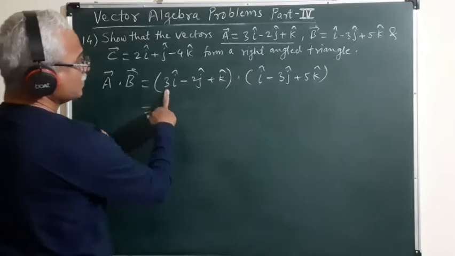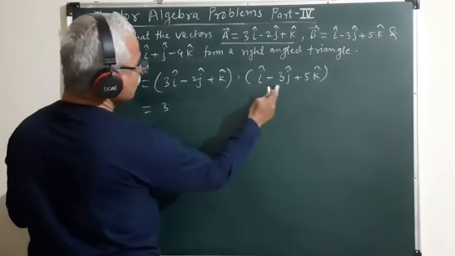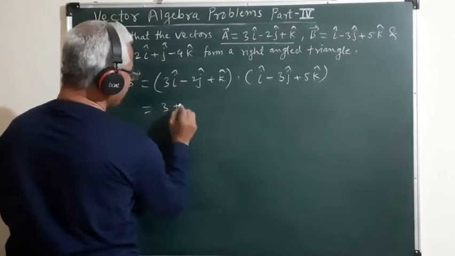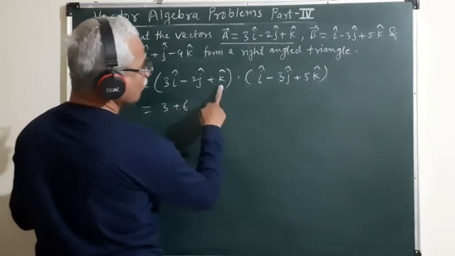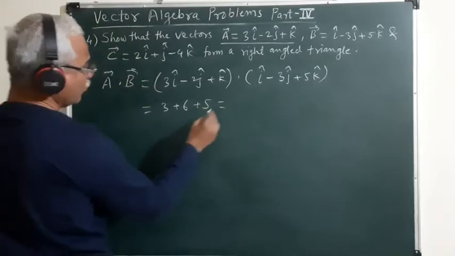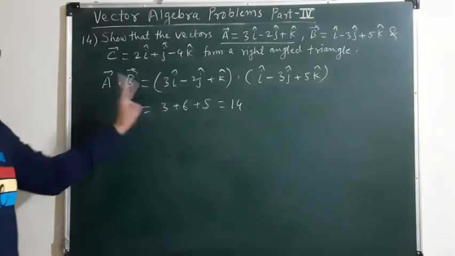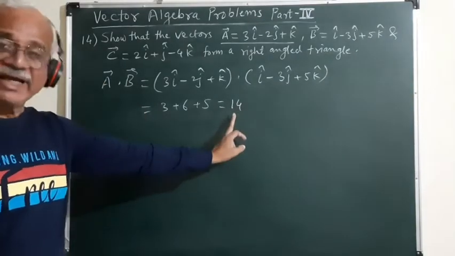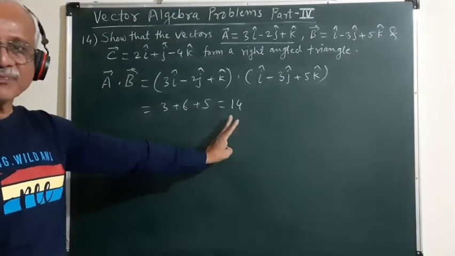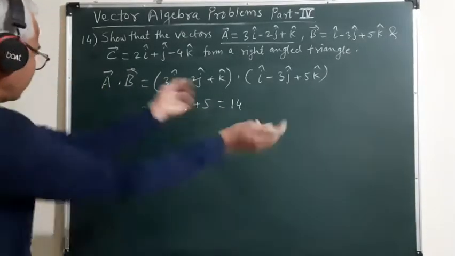So this is equal to 3 into 1 is 3, minus 2 into minus 3 is plus 6, and 1 into 5 is 5. So this is 14. So the dot product of vectors a bar and b bar is non-zero, so these two vectors are not perpendicular to each other.